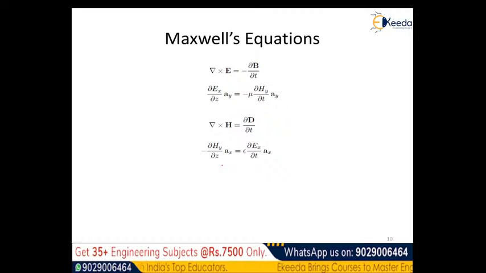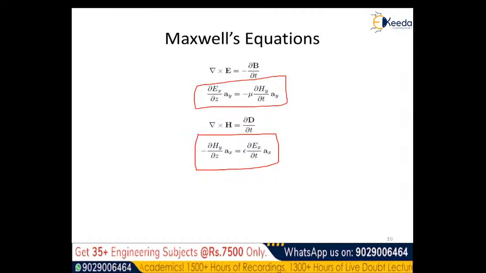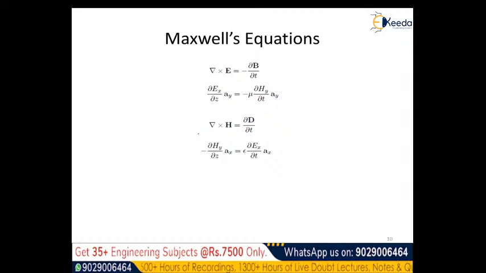Now differentiating the first equation with respect to z, and the second equation that we have just obtained with respect to t, we get two more equations. Here is the first equation and here is the second equation. We have del 2 Ex divided by del z square given by minus mu del 2 Hy by del t del z, and the second equation is del 2 Hy by del z del t equal to minus epsilon del 2 Ex by del t square.